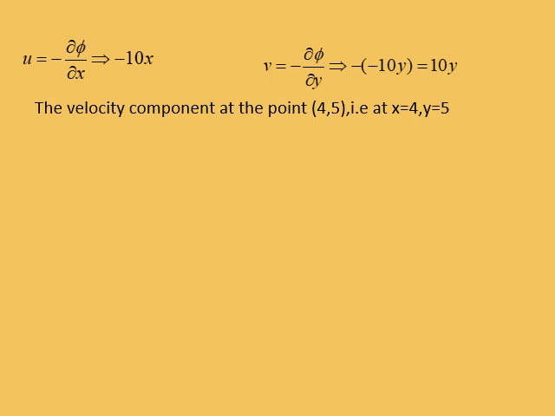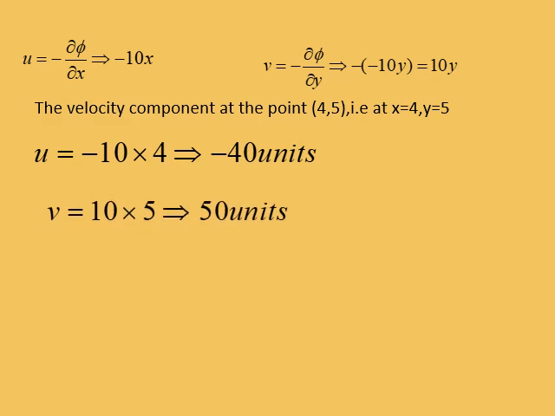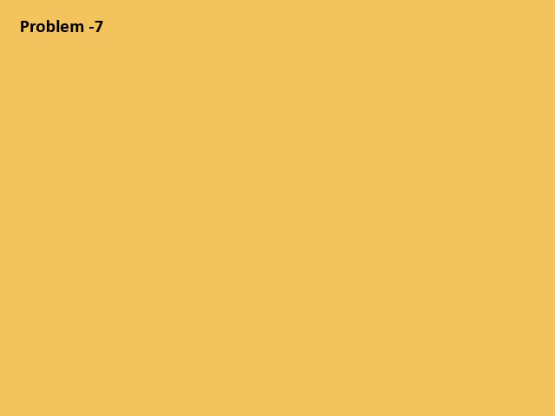The velocity component at the point 4 and 5, that is x is equal to 4 and y is equal to 5. Then u is equal to minus 40 units, v is equal to 50 units. So that is the solution for that numerical.